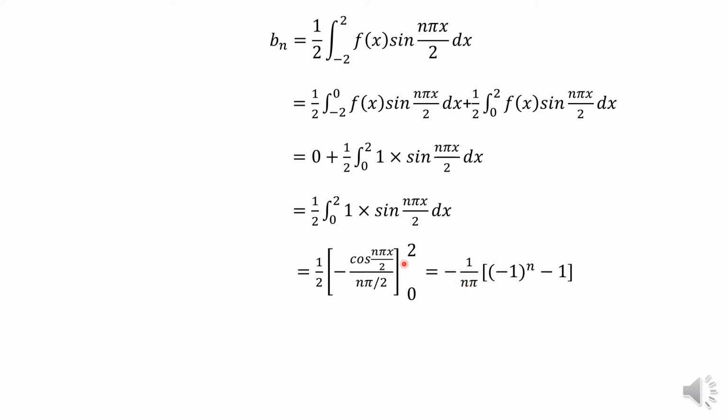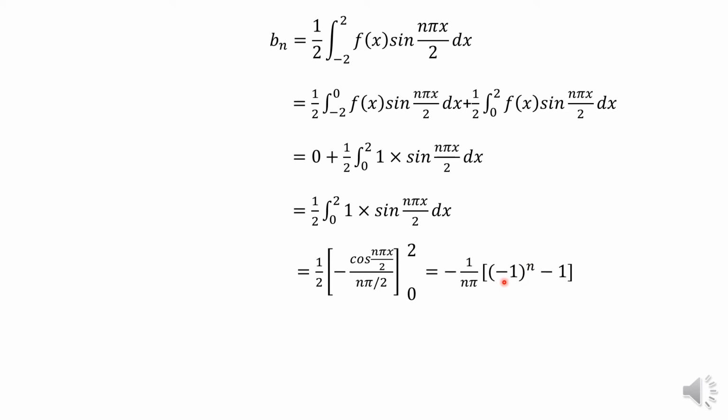Put x is equal to 2, upper limit. So we get cos n pi into 2 divided by 2. 2 gets cancelled. So therefore we get upper limit as cos n pi, and note that cos n pi is equal to minus 1 to the power of n.